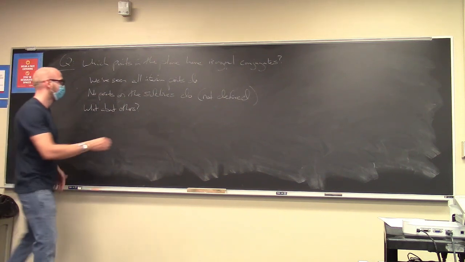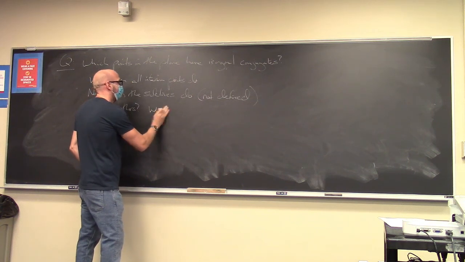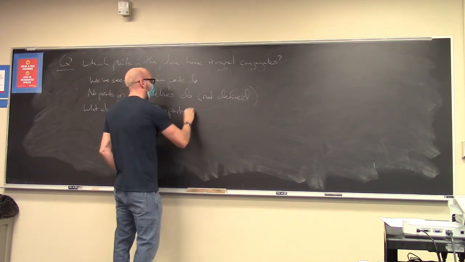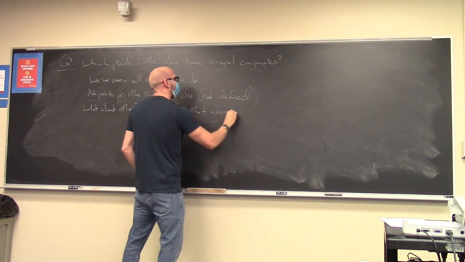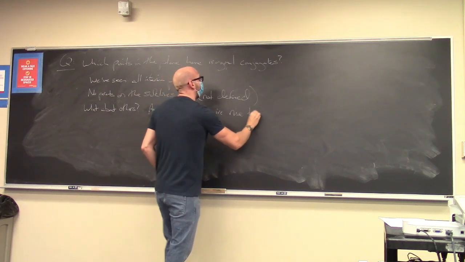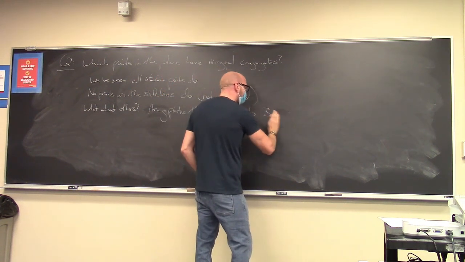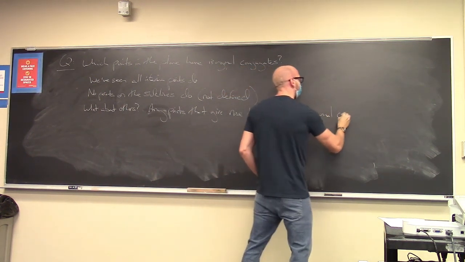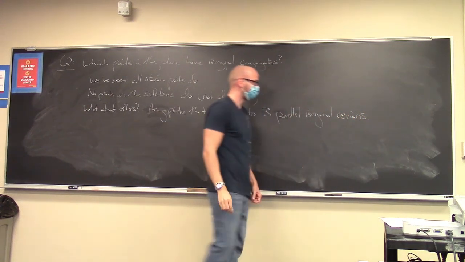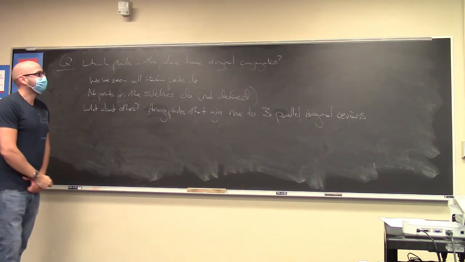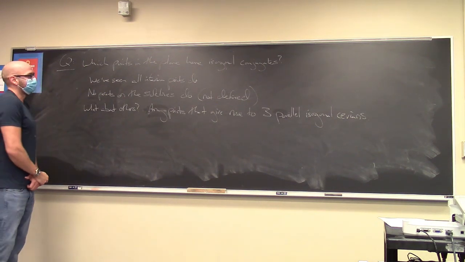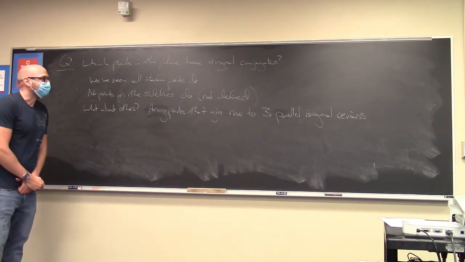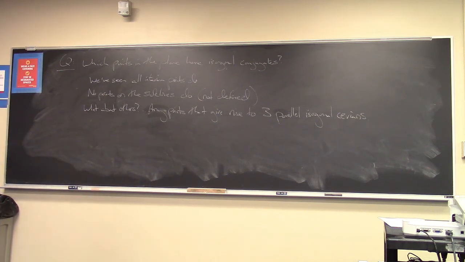So that's what we're looking for: any points that give rise to three parallel isogonal Cevians. And it turns out that the points that do that are precisely the points on the circumcircle. But we'll talk about that next time, because we're running out of time here.